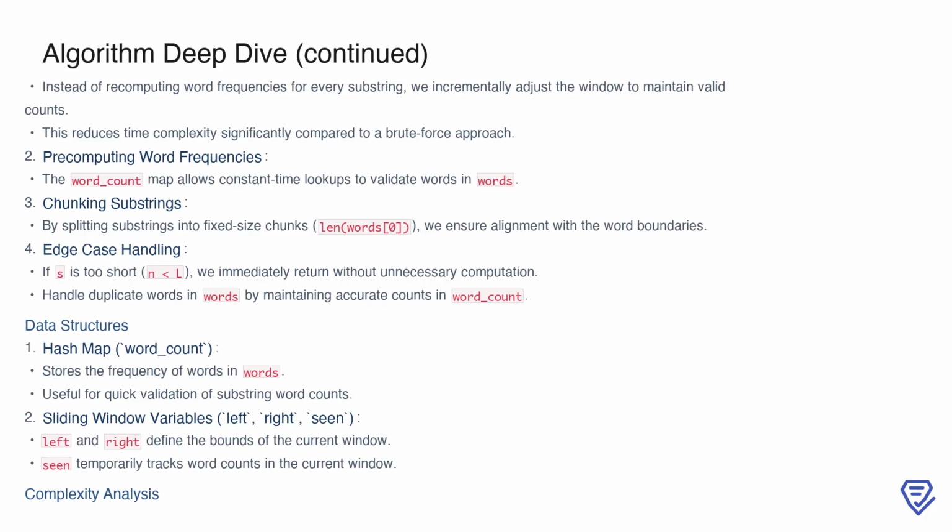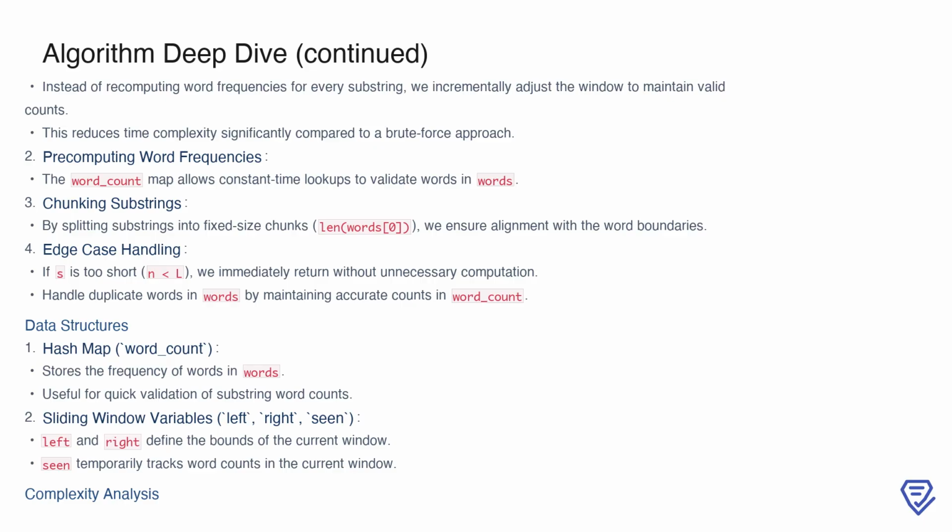The sliding window technique is highly efficient because it avoids recomputing word frequencies for every possible substring. Instead, we make incremental adjustments to the window by adding and removing words as needed. This optimization significantly reduces the time complexity compared to a brute force approach.